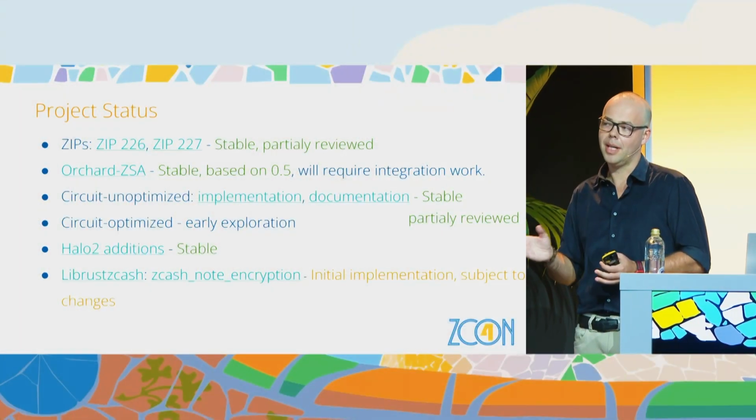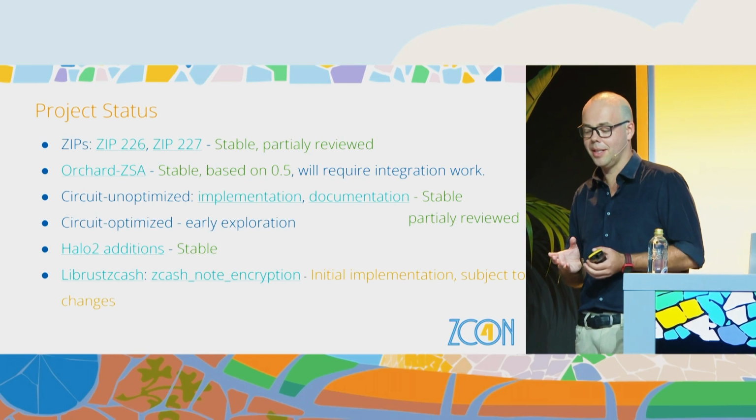And then we go up in the stack. So, for example, for Zcash node encryption, we submitted our initial proposal for the changes. We got some feedback from ECC, and we are waiting. Actually, Zcash node encryption is blocked by other aspects.